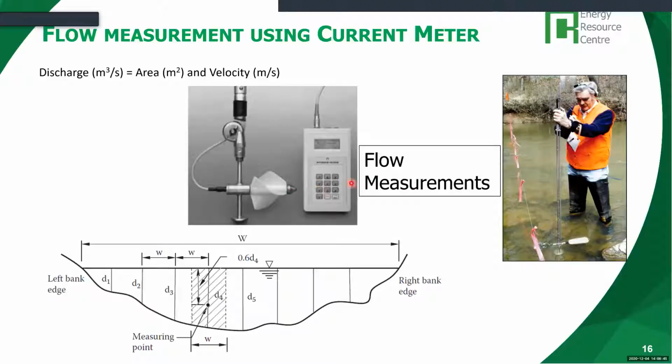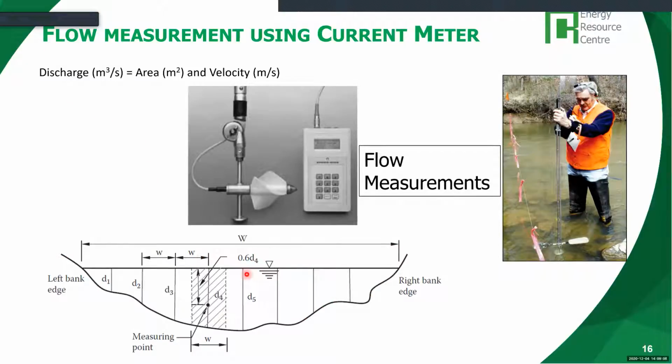There is a calibration curve: if this rotates, then you get the velocity. And when you measure the speed of the water that flows across the river, then when you know the full area of water, you know the discharge.